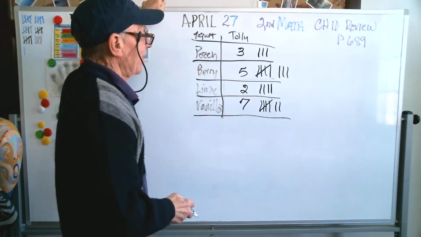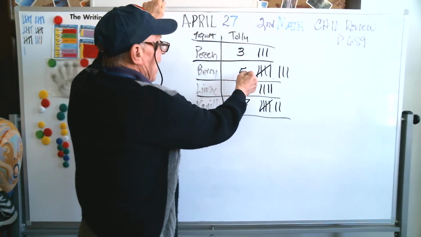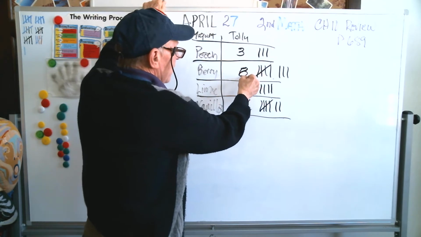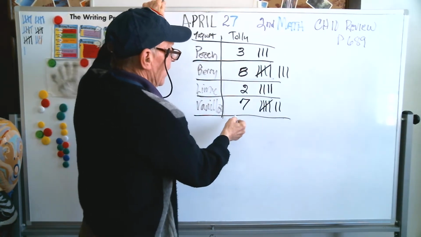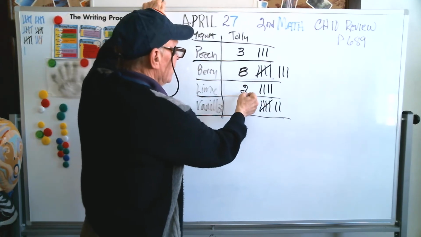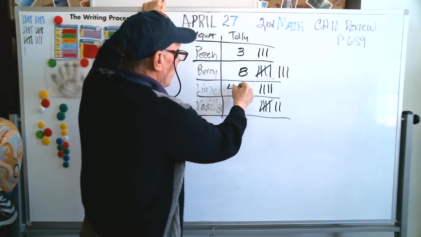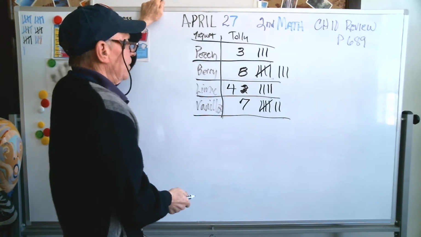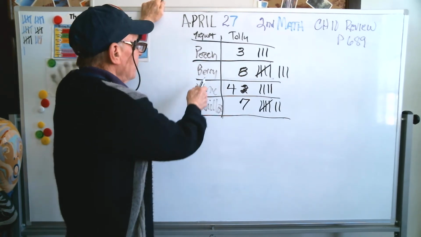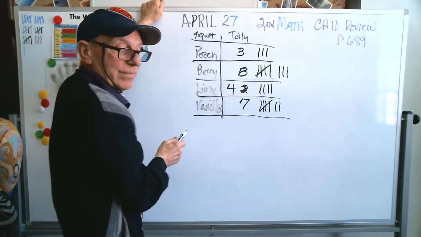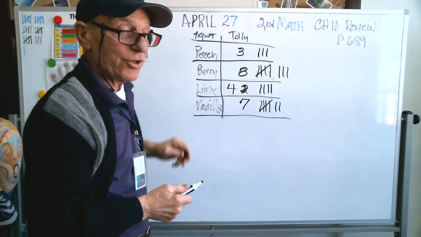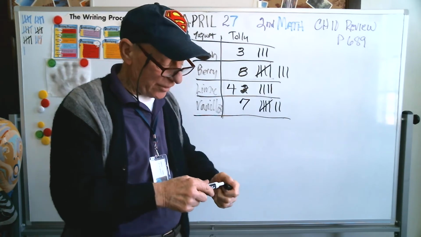Well, berry went from 5 to 8. And lime went from 2 to 4. But do more people prefer berry to vanilla now? Well, yes. Now there's 8 that choose the berry and only 7 that chose the vanilla.